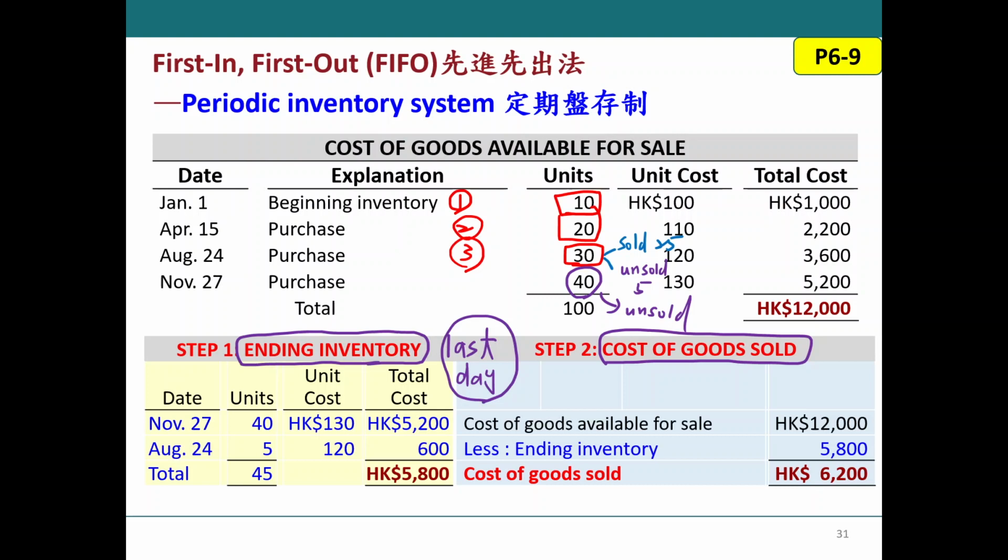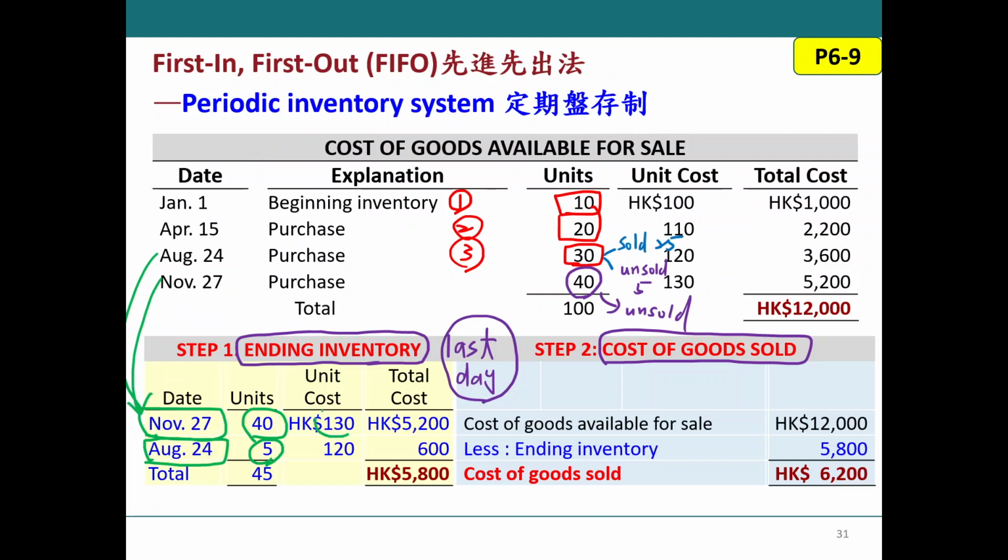From August 24. 40 units from November 22, right? So that's why for your ending inventory, 5 units from August 24, 40 units from November 22nd. Okay?